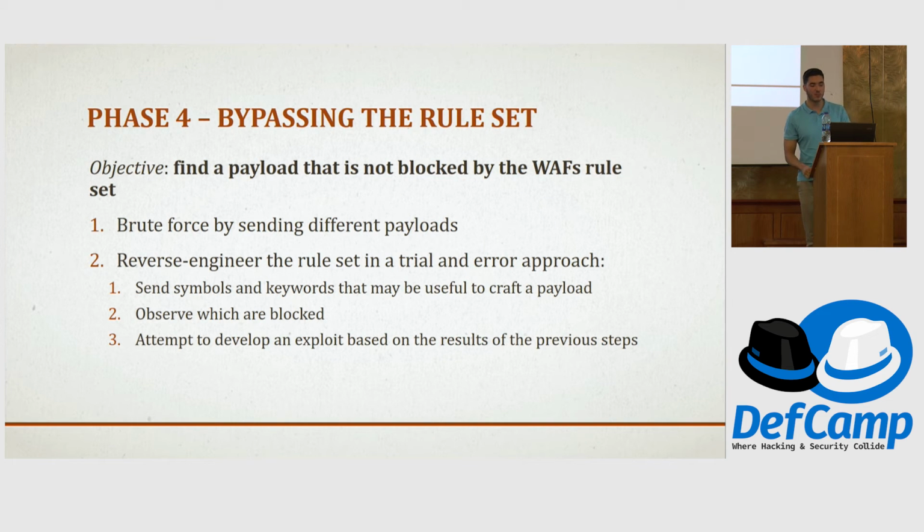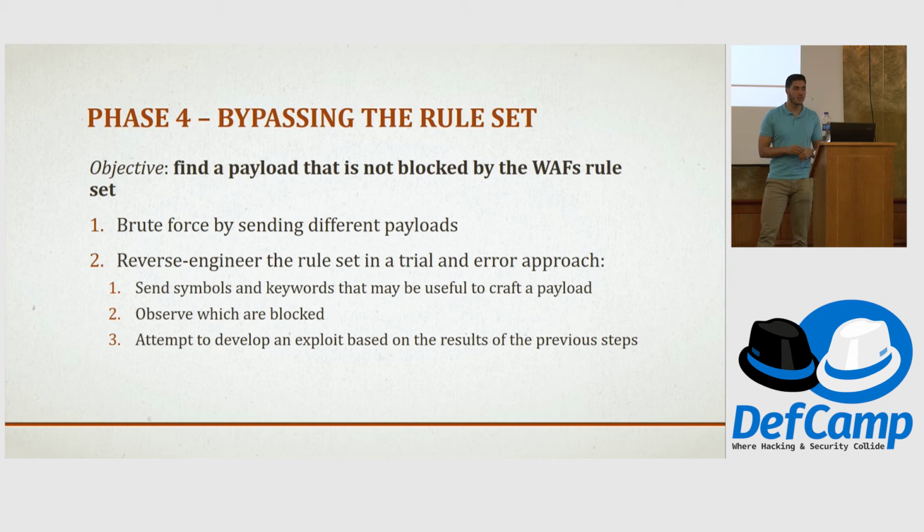In the fourth phase, we try to bypass the rule set. Again, we have the brute force method, where we just brute force our different payloads and hope for a payload to be not detected by the WAF. And we have the more intelligent method, where we try to reverse engineer the rule set.